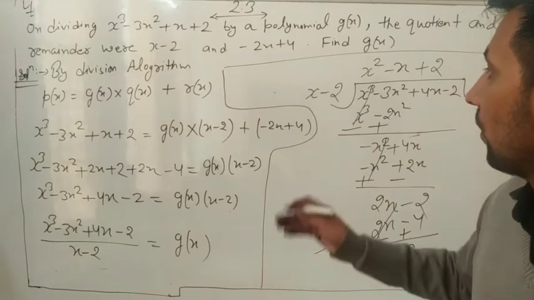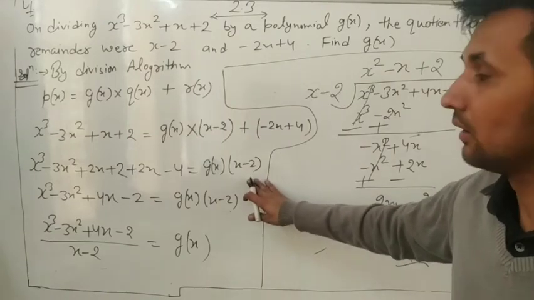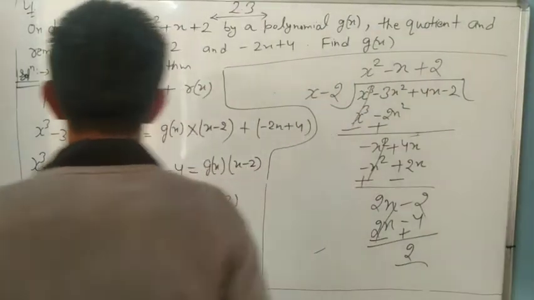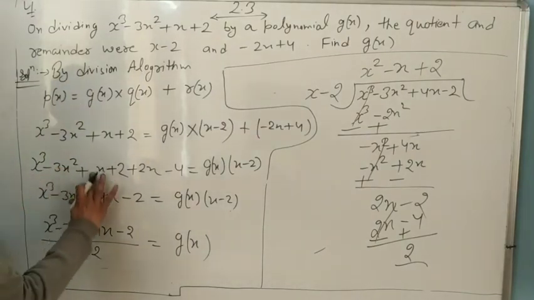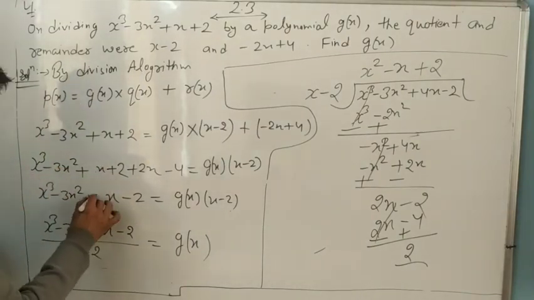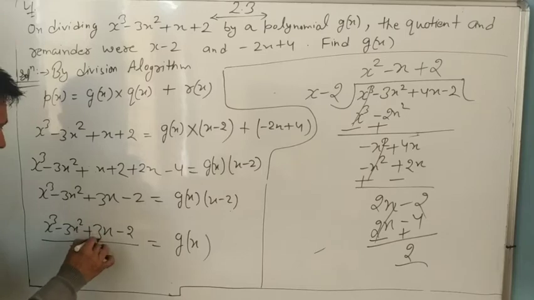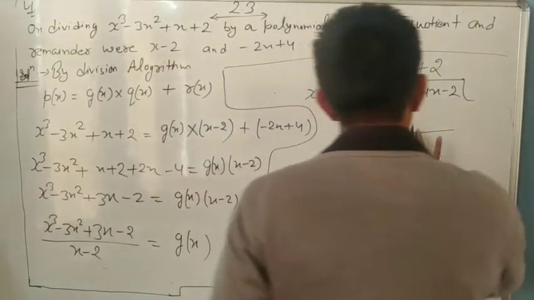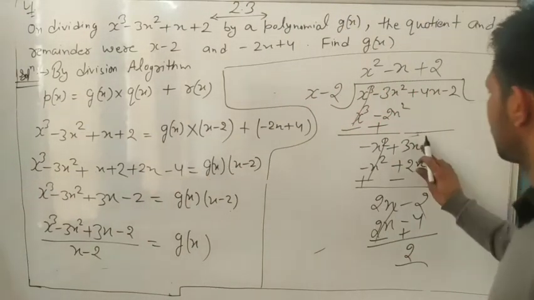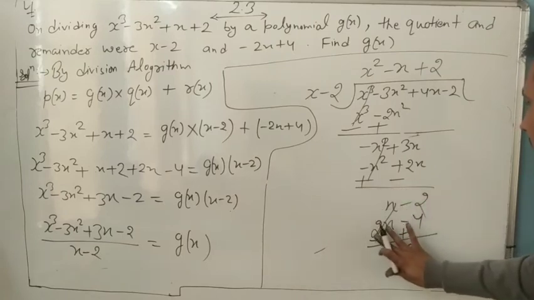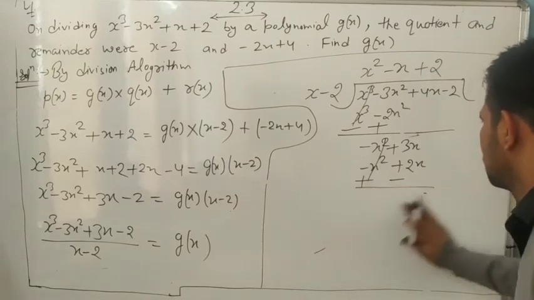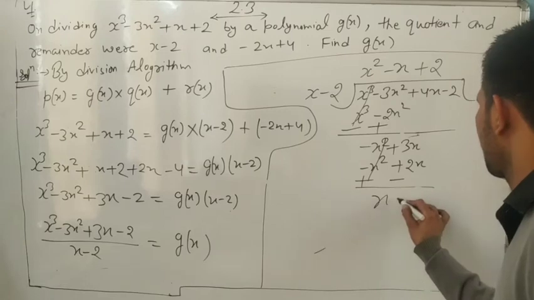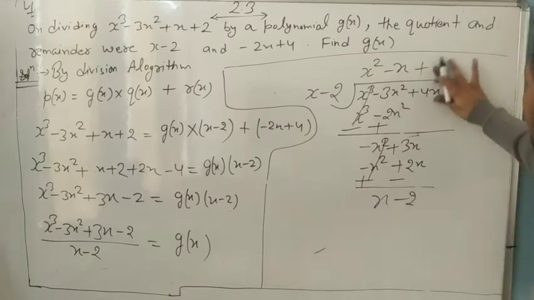Where? Oh, here. Sorry, it is only x. It is 3x, sorry, it is also 3x. 3x minus 2x is x. X minus 2. So it goes on.